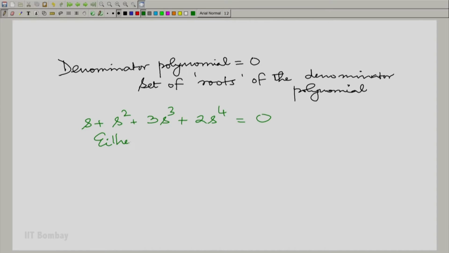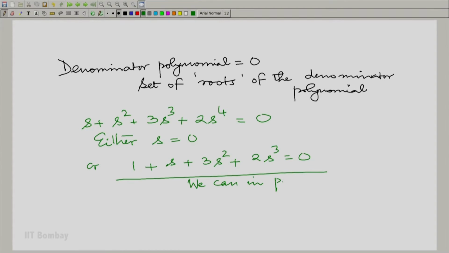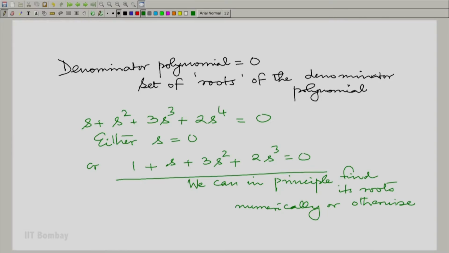So, of course, either s is 0 or the rest of it. Now, of course, we can in principle solve this. The question is, what happens to this rational Laplace transform at these points where the denominator tends to 0? Of course, when the denominator tends to 0, the entire function has an infinite magnitude.